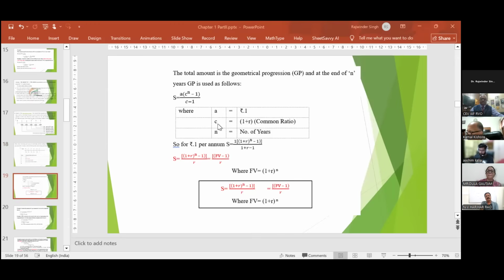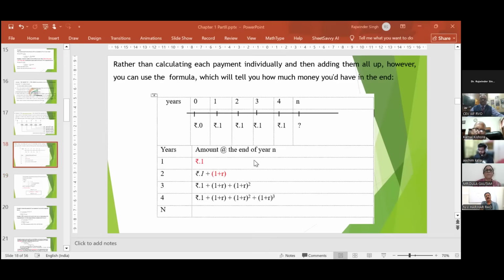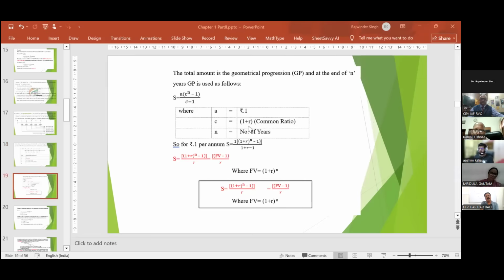Common ratio is second term divided by first term, third term divided by second term. The ratio remains the same. Second term divided by first term, (1 plus R) divided by 1, is 1 plus R. (1 plus R) square divided by (1 plus R) is 1 plus R. Means the common ratio remains the same for all the terms. So the common ratio is 1 plus R.